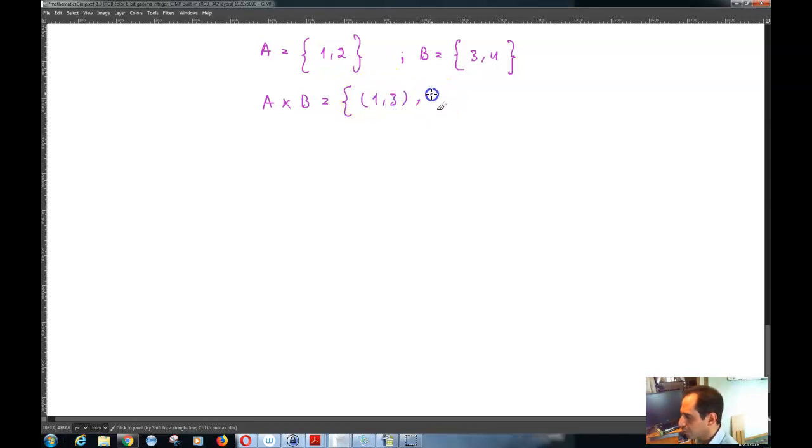We had the set A, which was 1, 2, and we had the set B, which was 3, 4, and we wanted to find the number of relations from A to B. So A times B, the Cartesian product of A and B, was this set over here: (1, 3), (1, 4), (2, 3), and (2, 4).